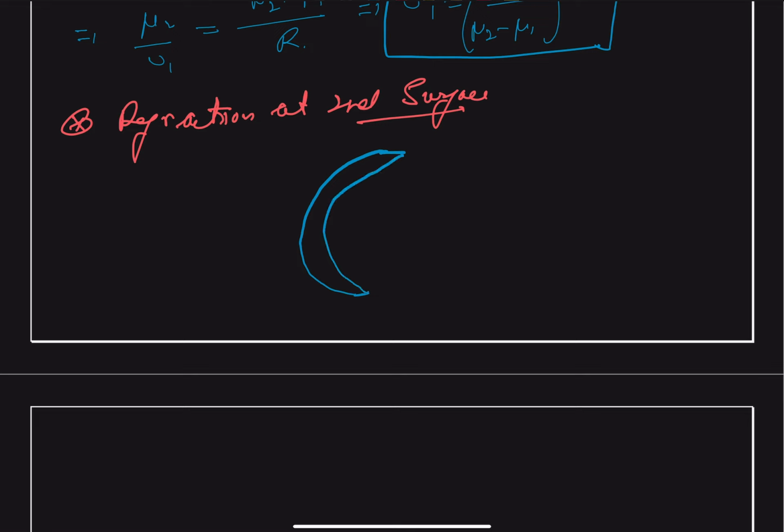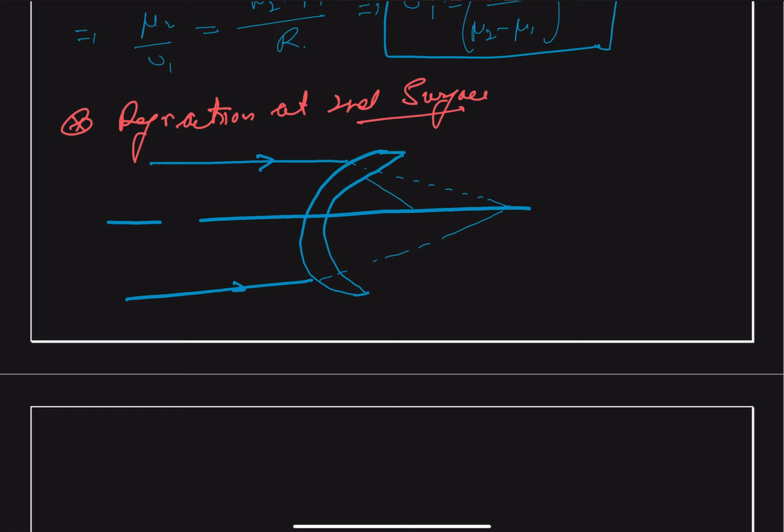and once again we are going to have the central line. Initially in the first case we drew that it will be somewhere here, but because of the second surface, the ray of light will be converging somewhere here.